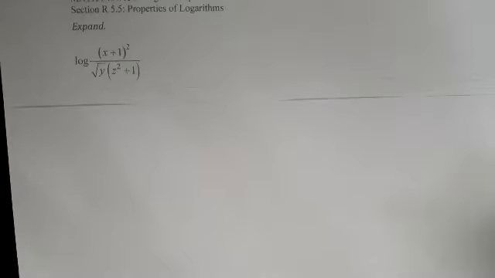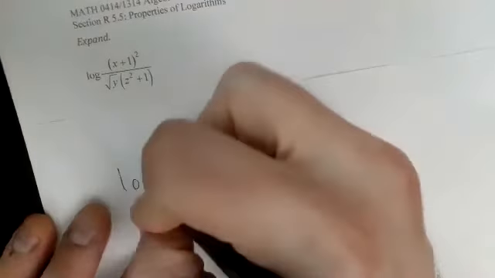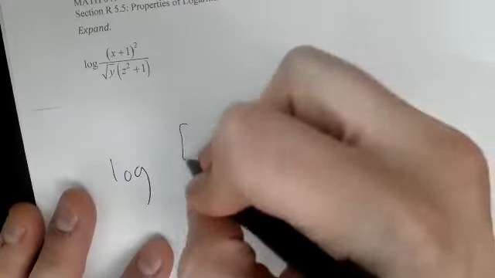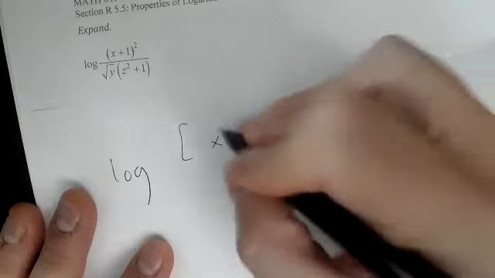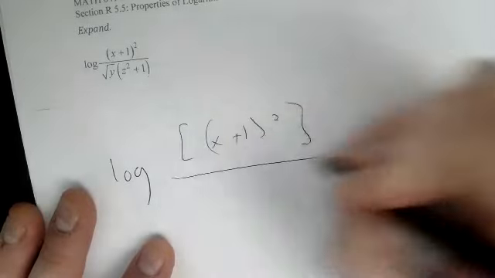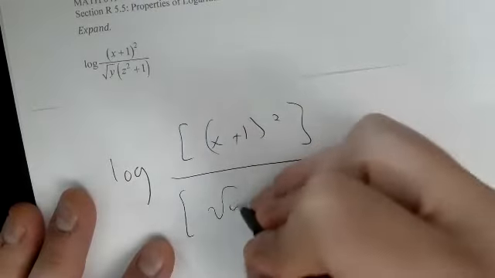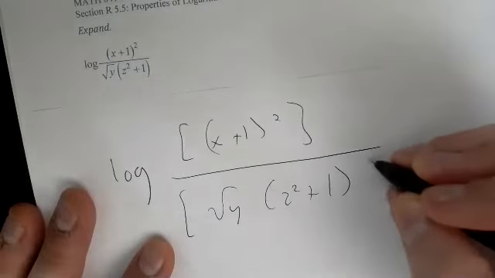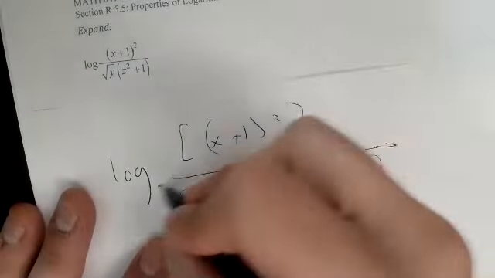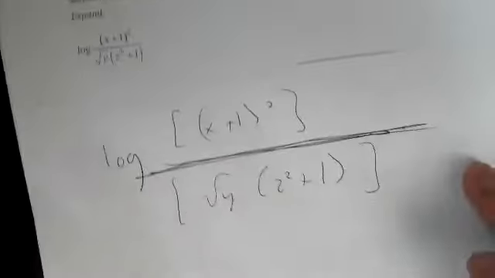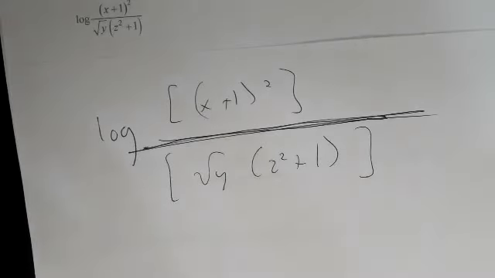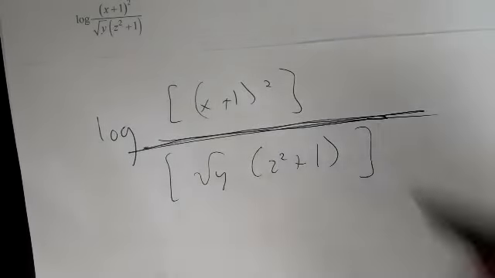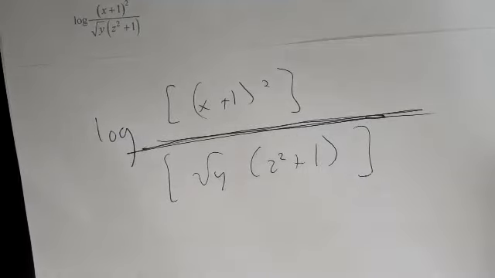So when I look at this thing, what I am sort of seeing in my mind is like I have this thing on top, and I have this crazy thing on bottom. But the thing that really sticks out to me there is that big division bar. That is the first thing separating things here.